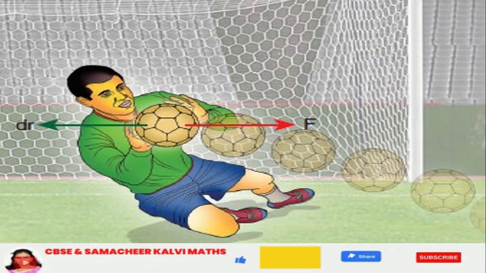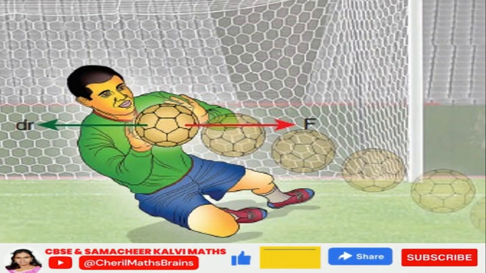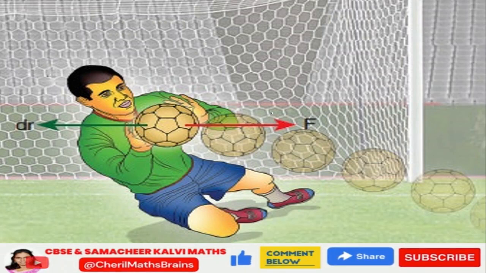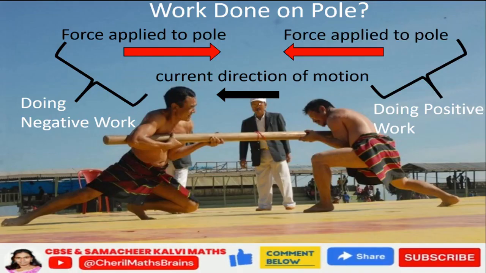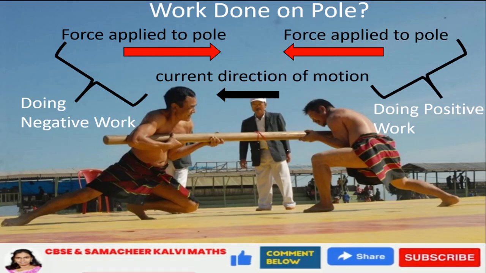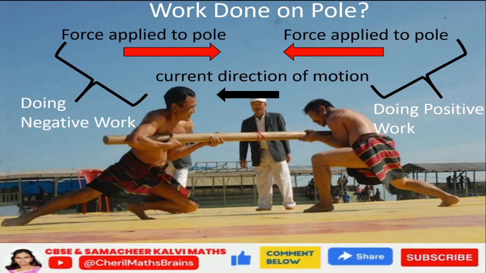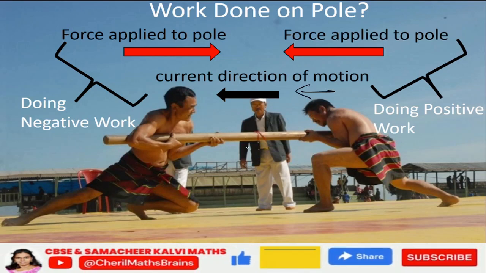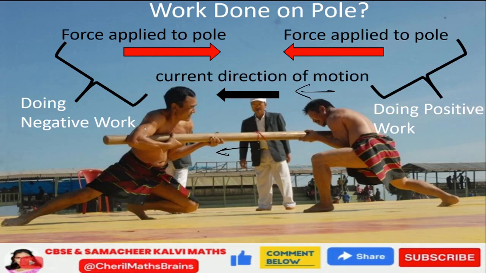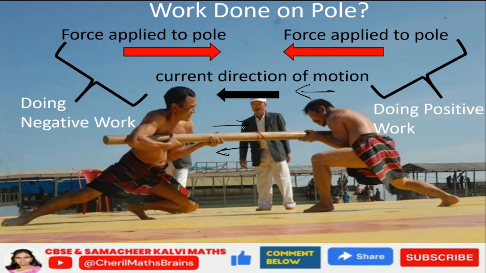Is it clear, children? Even here you can see the force is in this direction and the person is trying to stop it. But the angle is again 180 degrees. In this picture, the person keeps moving, the force applied is in this direction, and the pole is also moving in this direction, but this person is trying to move in the other direction.